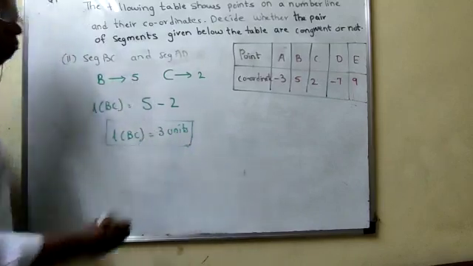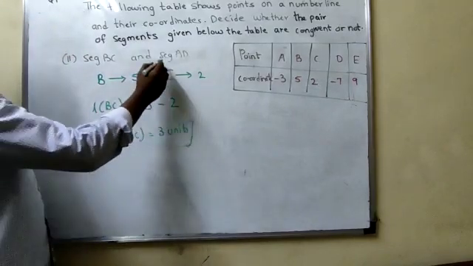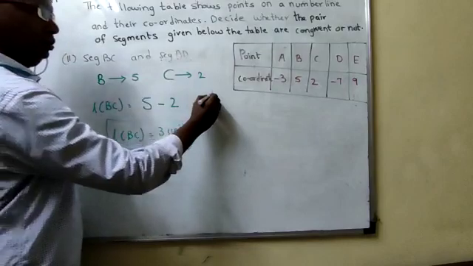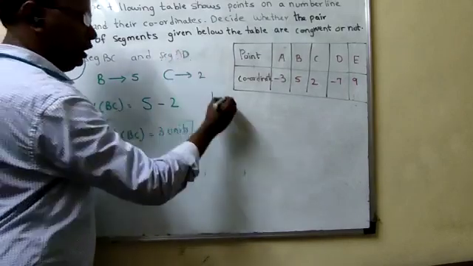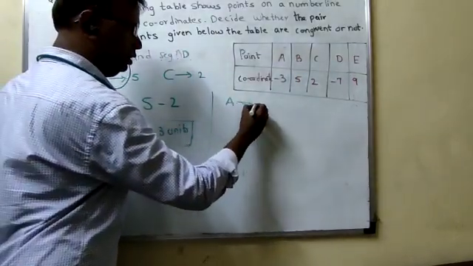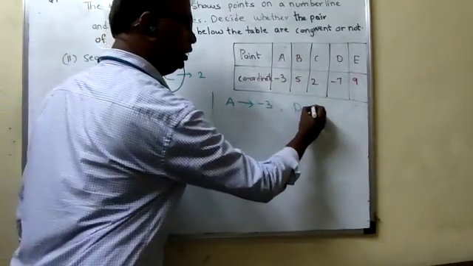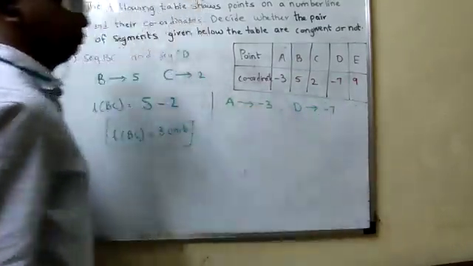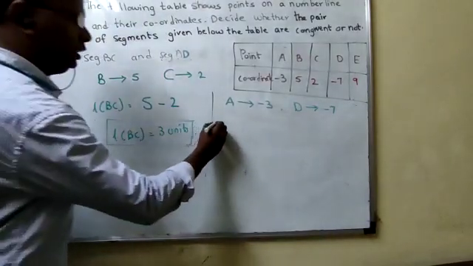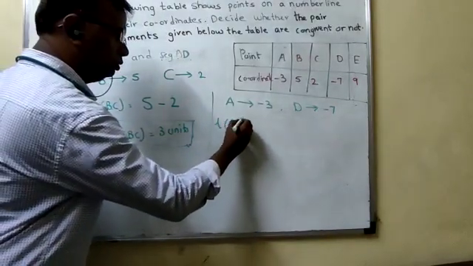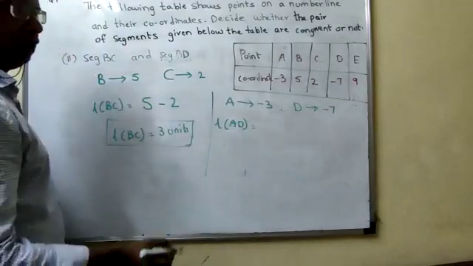Any doubt? Now we'll find the segment AD's distance. What is the coordinate of A? -3. The coordinate of D is what? -7. Right? So the length of AD, the formula I think all of you know now. Larger coordinate.